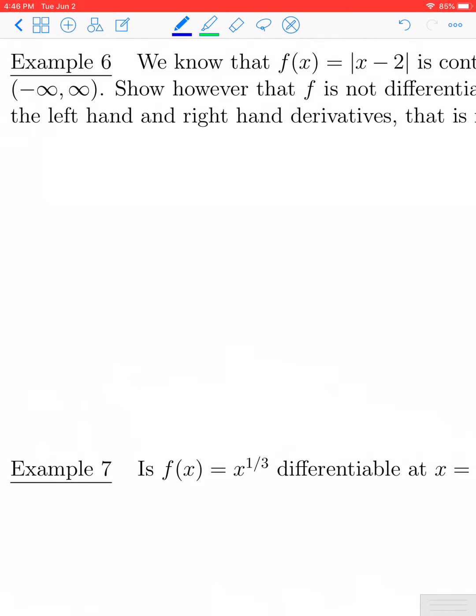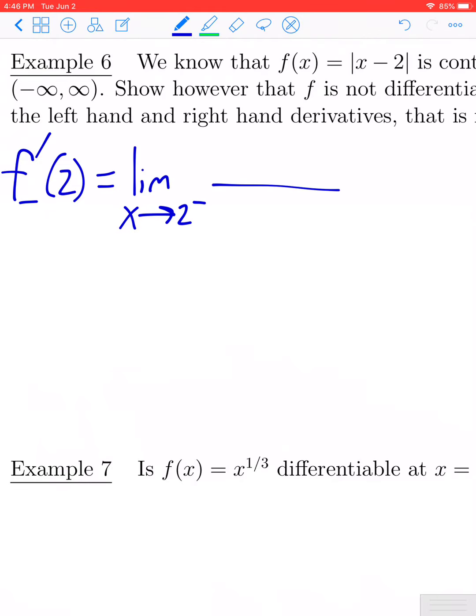We just saw this definition a little bit ago, but the left-hand derivative of f at 2 is equal to the limit as x approaches 2 from the left of f of x minus f of 2, all divided by x minus 2.